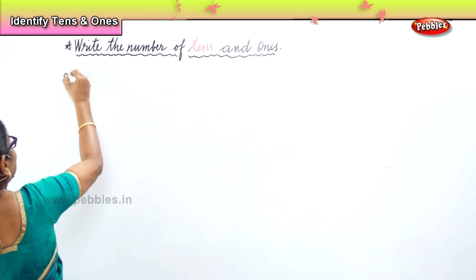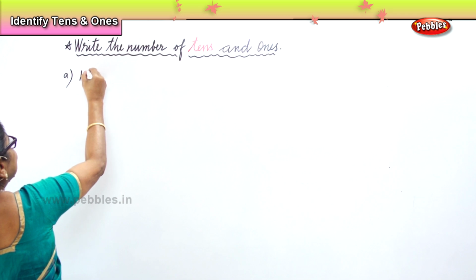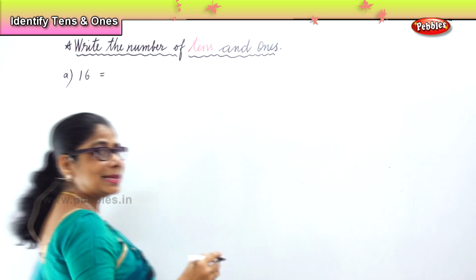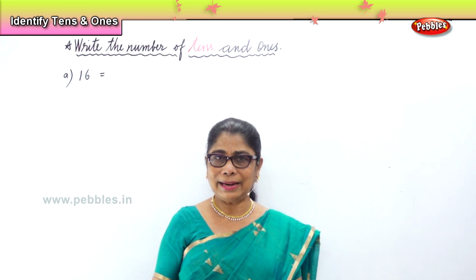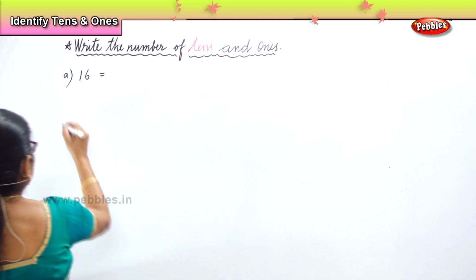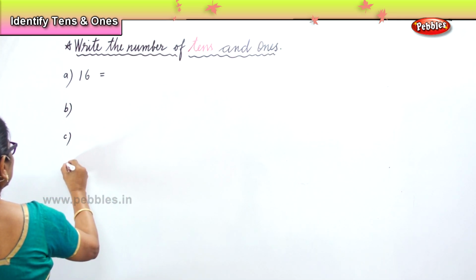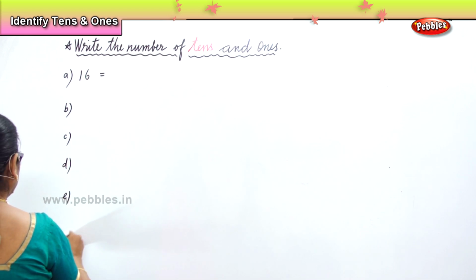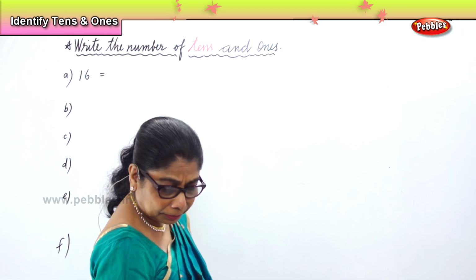First, let's say 16. And you should be able to say in 16, how many tens and how many ones? Okay. Similarly, we'll do more for practice. Alright? Now, let's look at that.